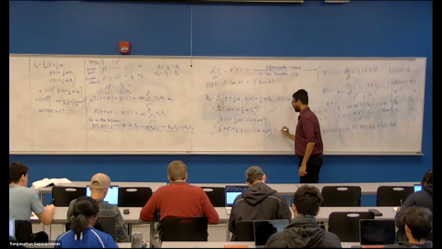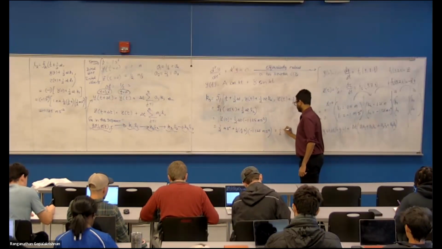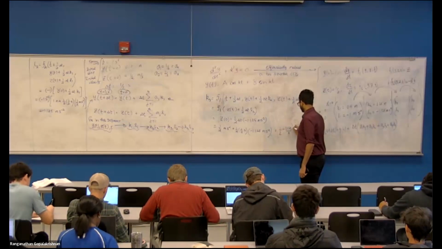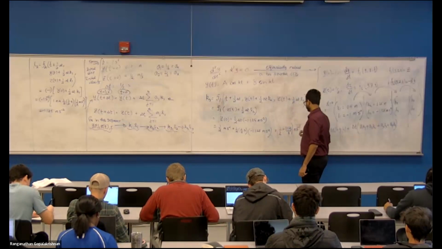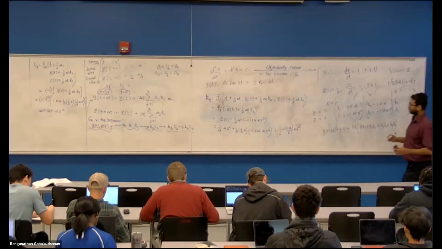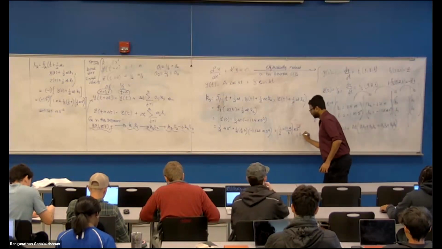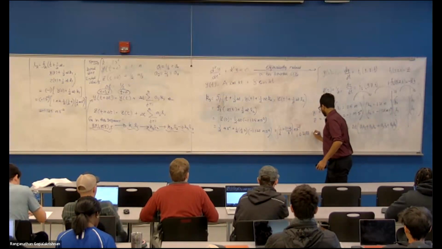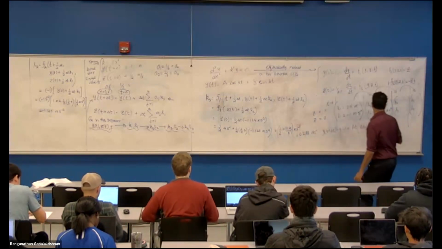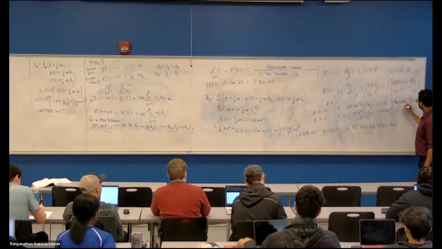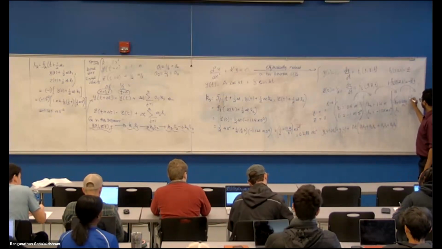So this is 1 by 2 minus 1.125 divided by 4 meter per second. 0.21875, so 0.2188 meter per second. So I'm going to write K3 is 0.2188 meter per second.